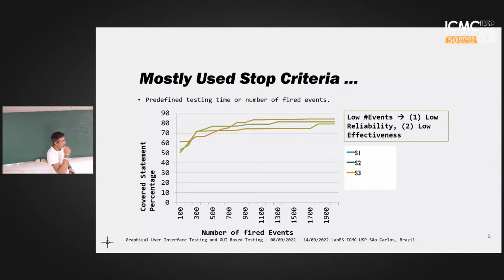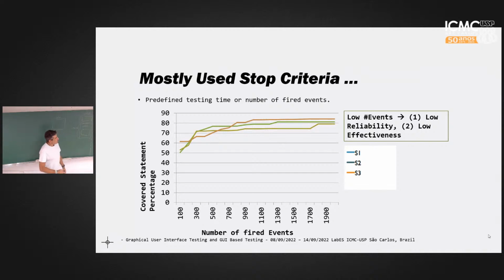Because there are papers where it's demonstrated that there is a correlation between the number of covered statements and the fault detection capability. In other words, if I cover more code, probably I will discover more faults. Okay? Is it clear? If I cover one line of code over 1,000 lines of code, I have less probability to discover faults than if I execute 900 lines of code, right?